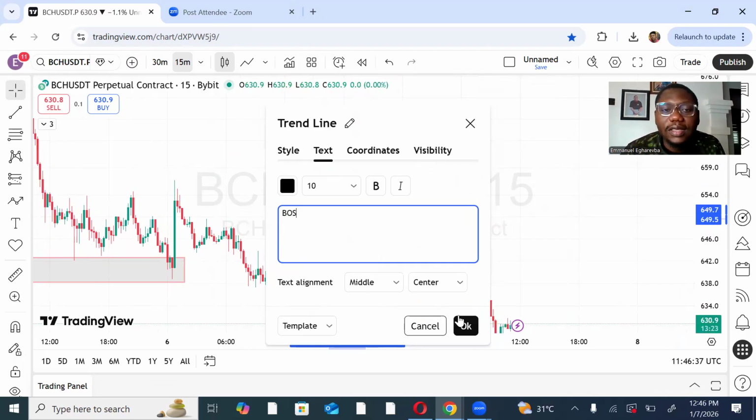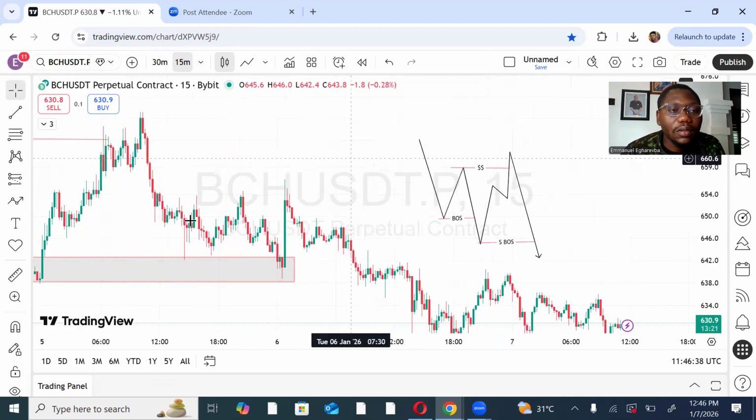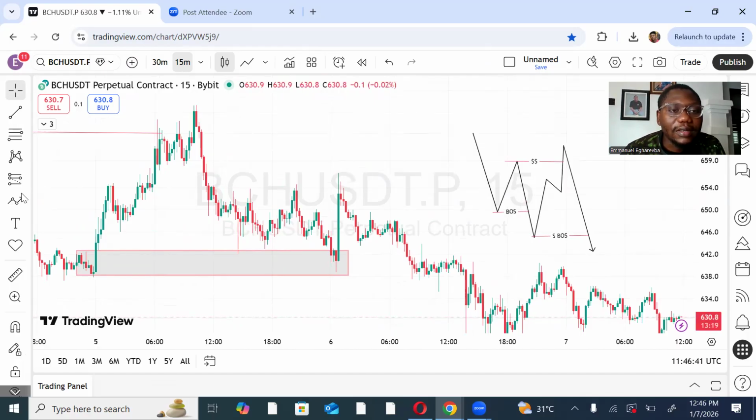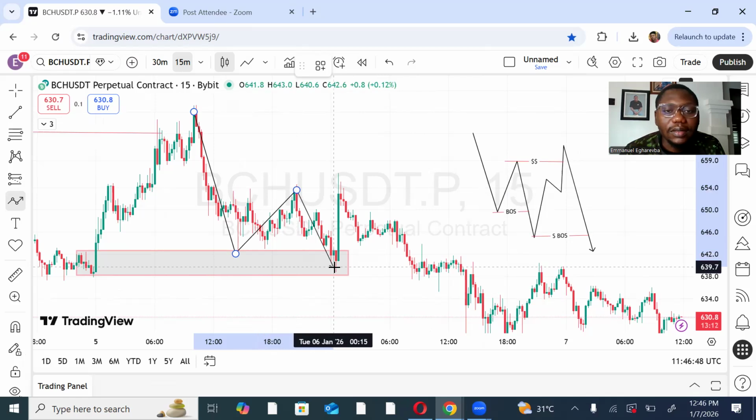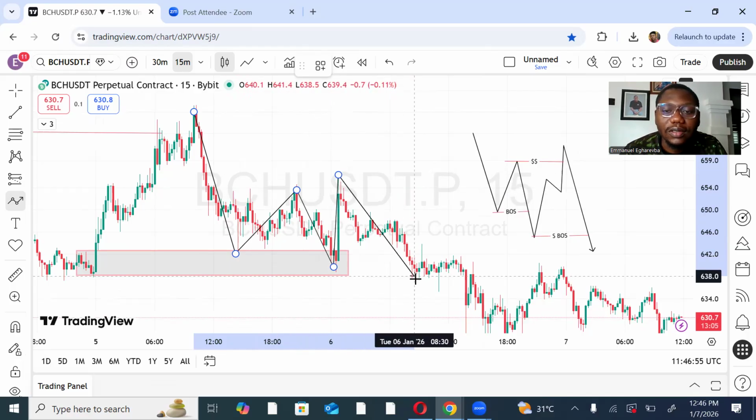So the moment we see this second break of structure, I can believe that we've seen this schematic play out now, right? Inducement was taken out from here, and then price took everybody out, and we broke structure to the downside. As simple as that.